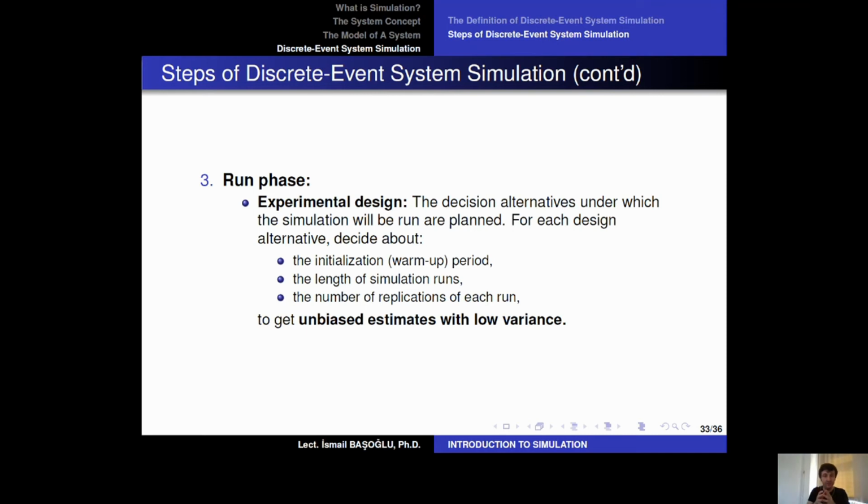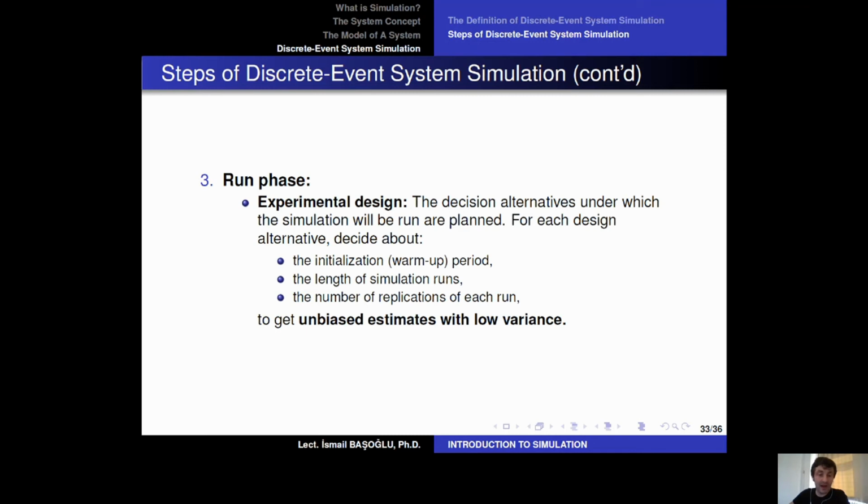And in order to use the central limit theorem to create confidence intervals, we need to have replications of the simulation runs. You are going to learn about this much better in the following weeks. So why do we have a warm-up period? Because we want to remove the bias caused by the warm-up period.